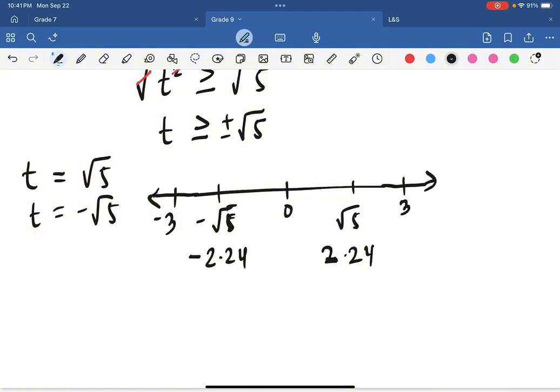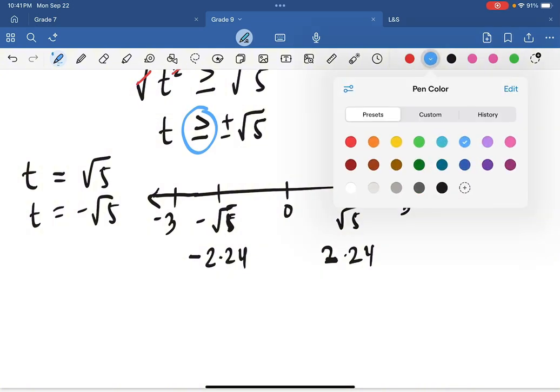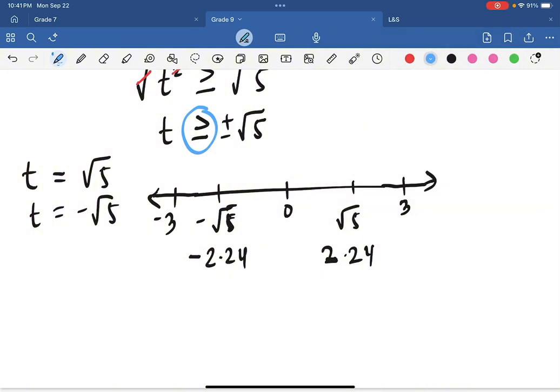And since this is at least 15, right, based on the given, here we have the greater than or equal to, which means the critical values negative square root of 5 and square root of 5 are included or could satisfy the given problem.